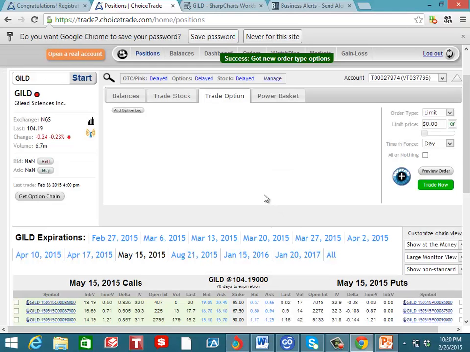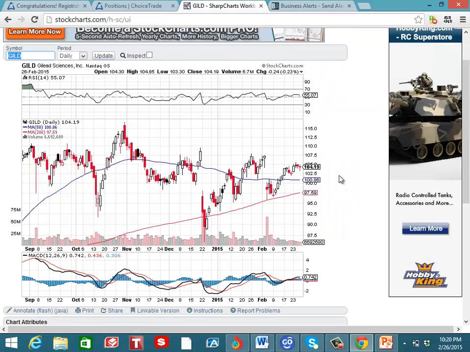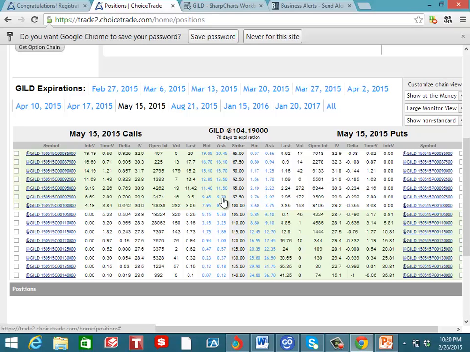Okay, now how do we make money with this? A lot of people ask me, how do I make money if I'm playing both sides? For example, let's say this one breaks out to the upside and it goes to 120, okay, and I'm playing the 105. I invested 1140, right, for both sides.